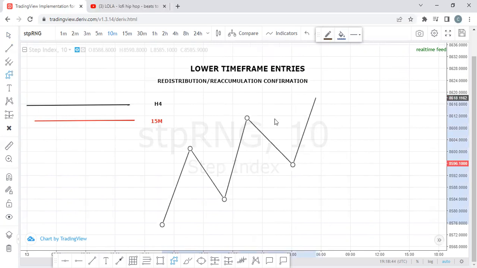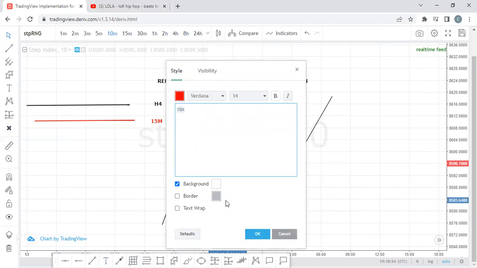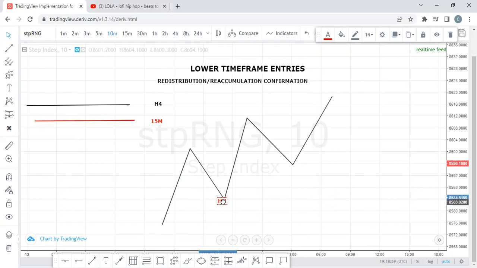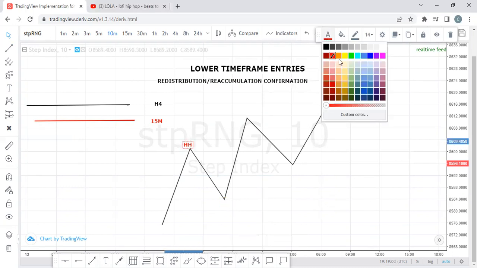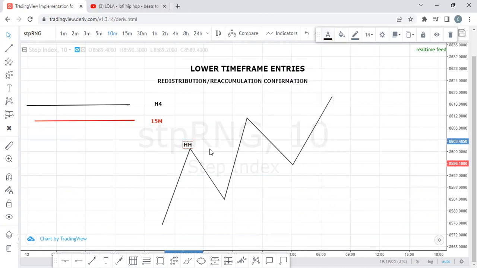After the market has made a higher high and higher low, we can see our structural points. I'll make this black so I can understand this. We have our higher high and our higher low.